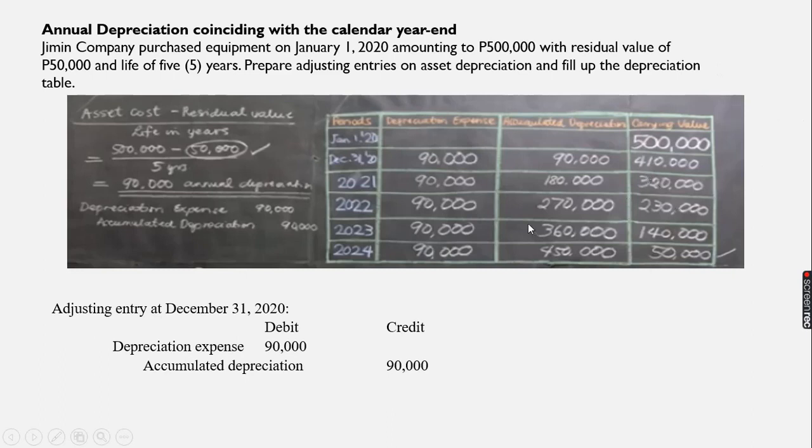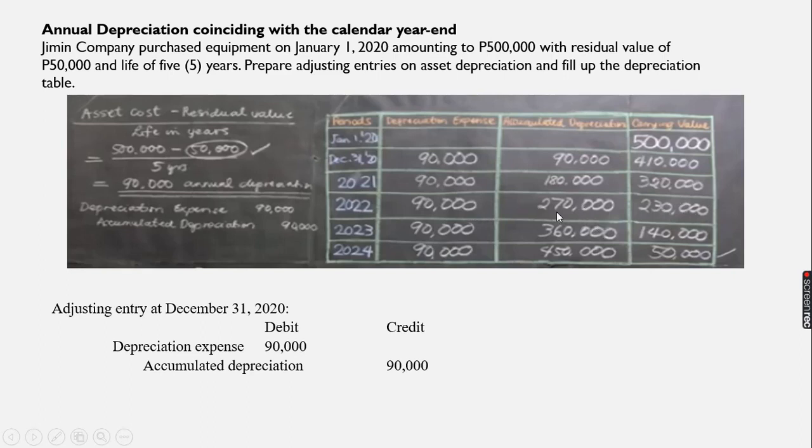Okay, pagdating naman sa December 31, 2022, yung depreciation expense niya is 90,000. So, i-less na naman natin dyan, yung 320,000 less 90,000, makukuha natin yung 230,000.